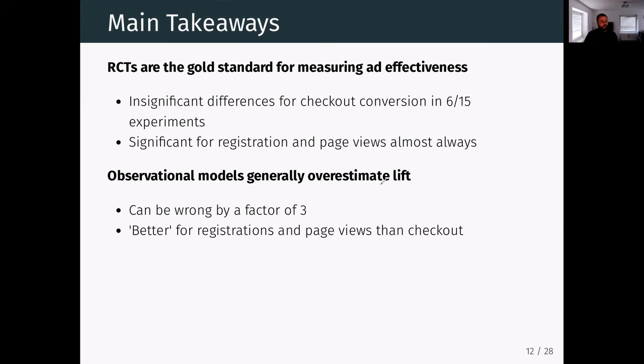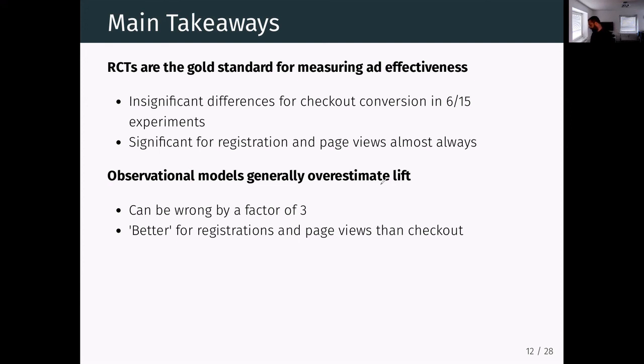And you also find significant effects almost always for registration and page views. So ads are relatively effective at generating views and registrations, effective at generating checkout and sales conversions, but less effective than on other metrics. And that makes sense because buying something is much further down a purchase funnel. So you'd expect that they're not going to be as effective at getting you the whole way into purchasing.